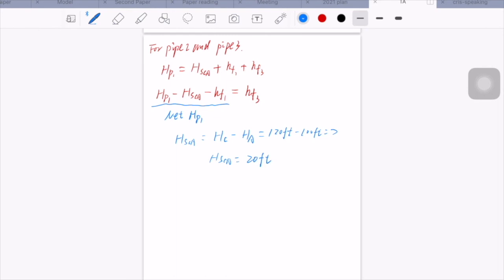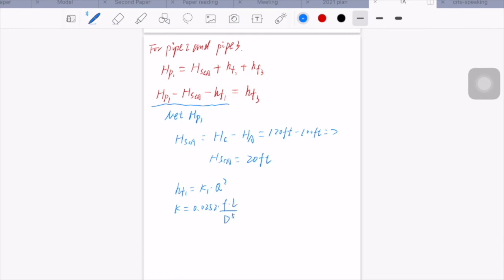And for HF1, similar to the previous problem, HF1 equals K1 times Q squared, and in the British unit system, K equals 0.0252 times f times L over D to the power of 5.